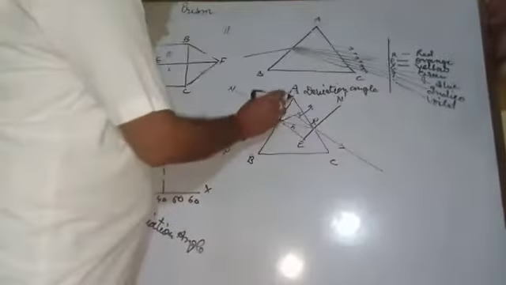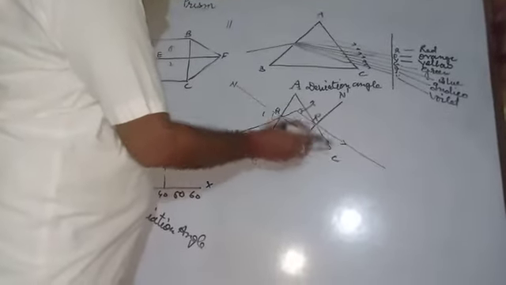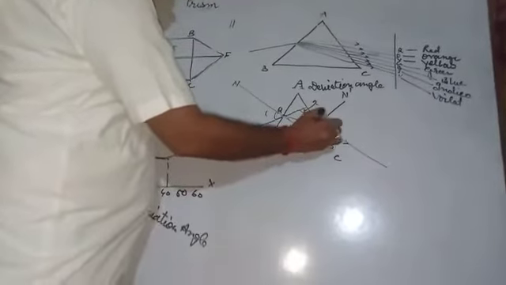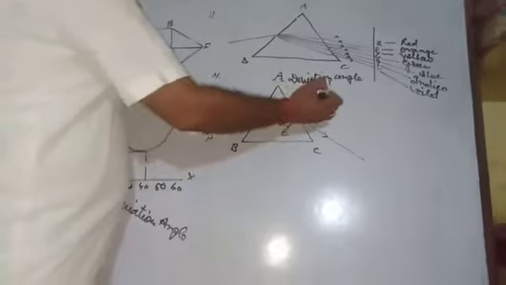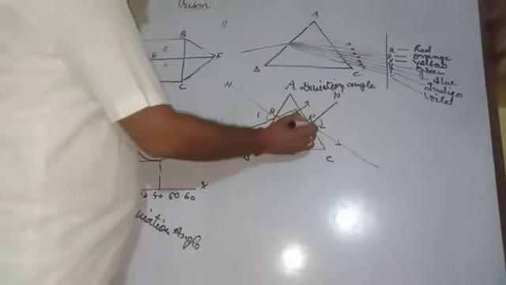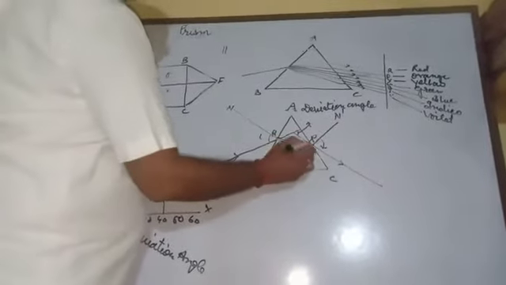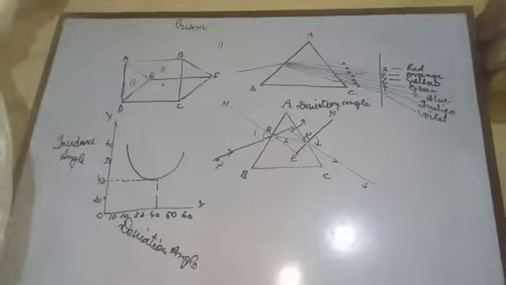After emerging from the second surface of the prism, the light ray goes far away from the normal which is drawn at incident point R, RE, and goes along RS direction.